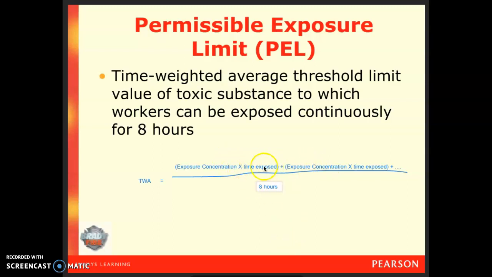So however much we get exposure to, we just take that and we multiply the exposure times the amount of time exposed plus, so this is for exposure number 1. This is for exposure number 2. And if there is an exposure number 3, we would add that, and exposure number 4, we would add that as well.